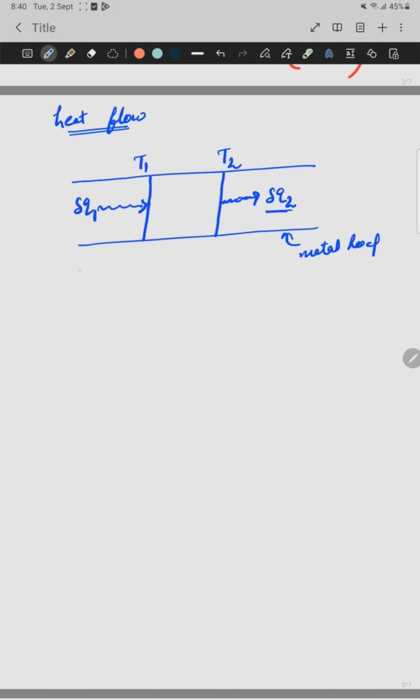Each region is kept at constant temperature.